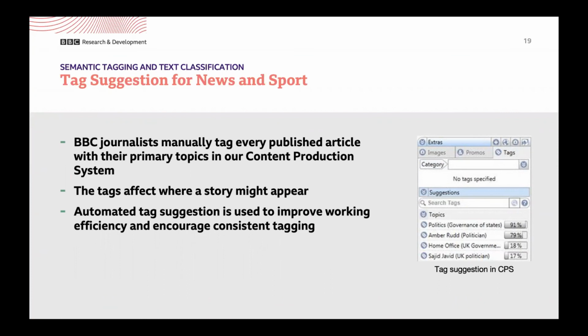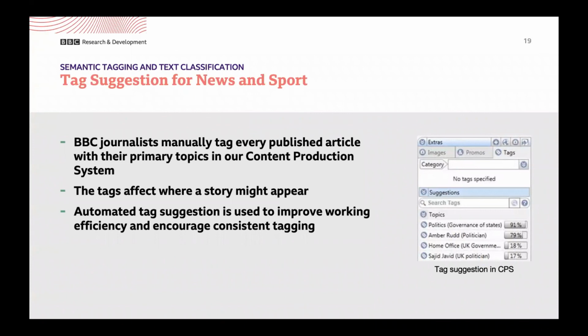And these tags are quite important because they might affect where a story might appear on the website, but they're used for various purposes, and they're very significant to how news manages its content. So it's really important the journalists do a consistent and thorough job of tagging each article. And they've been doing this now for about 7 years.